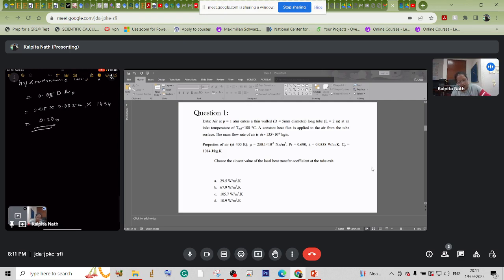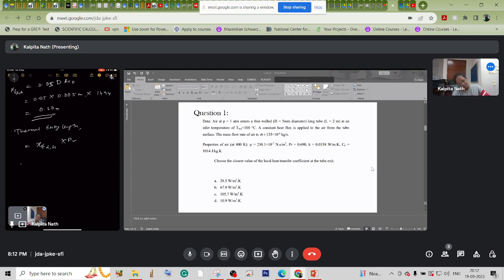Now the thermal entry length. This is x_fd,t, the hydrodynamic entry length into Prandtl number, right? So this came out to be 0.37 into Prandtl number, which is 0.69.